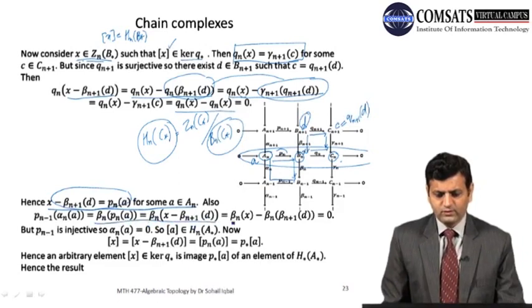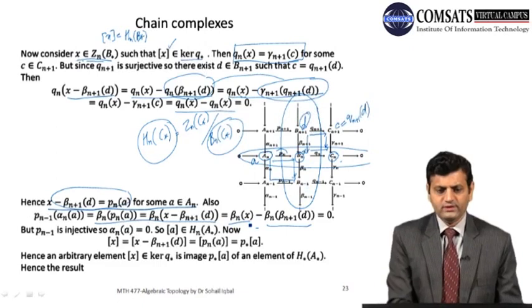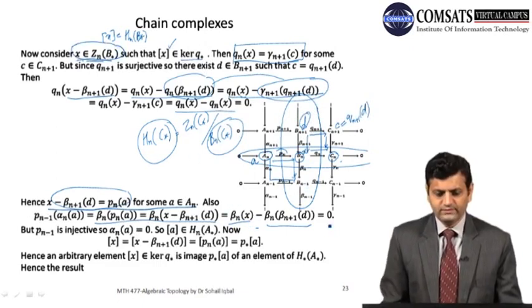Using the homomorphism property, this is equal to beta n of X minus beta n of beta n plus 1 of D. The second term is 0 because this is a chain complex and the composition of any two maps is 0. And beta n of X is 0 because X belongs to Zn of B star. So this is 0, that is, Pn minus 1 of alpha n A is 0, but Pn minus 1 is injective, so alpha n of A is 0.